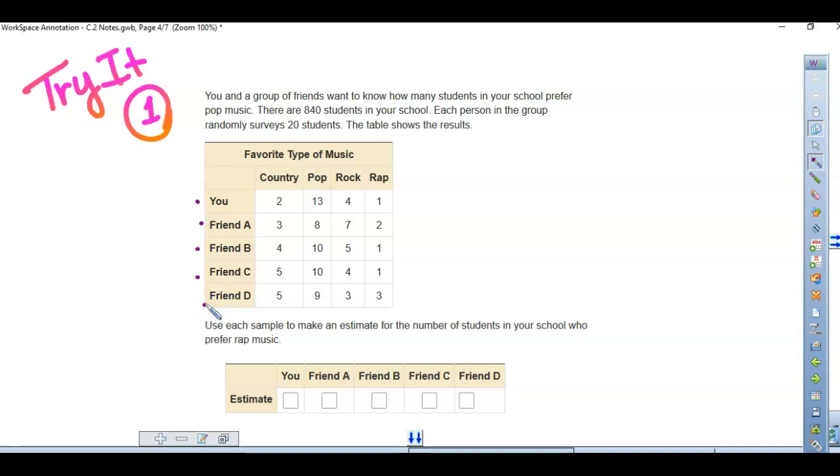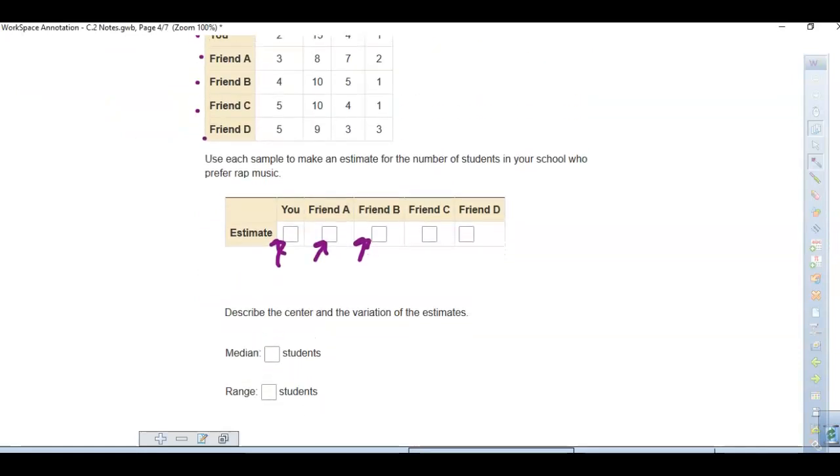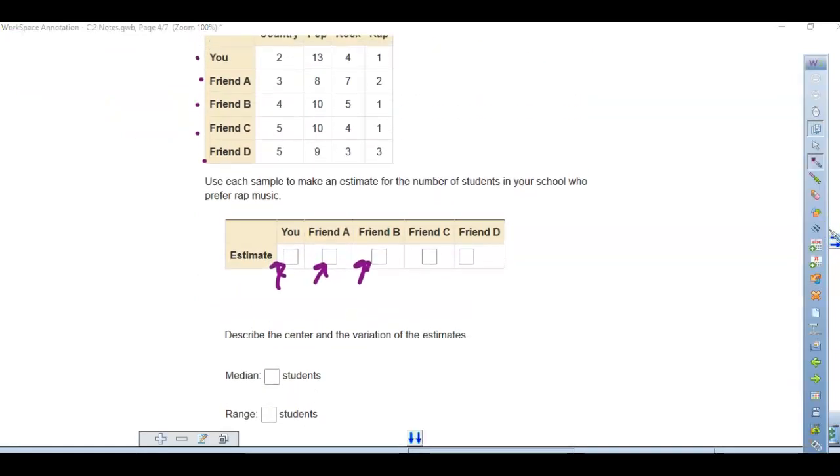Okay, so how many estimates are we going to find? 5, right? One for you, one for friend A, friend B, C, and D. After that, we're going to describe the measure of center and the variation. We're going to use the median here and find me the range.